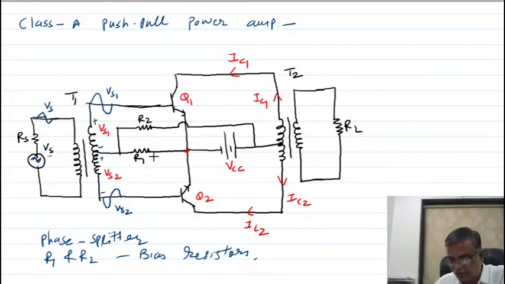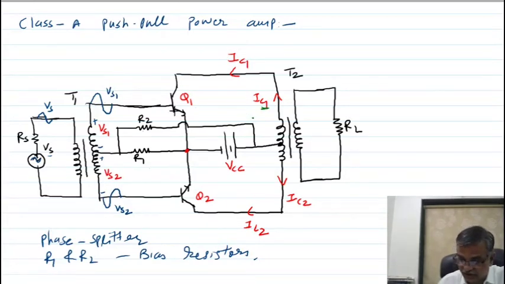This provides the proper DC voltage between base and emitter. As a result, the collector current will flow for both halves of the AC input cycle. You know what is class A operation? In a class A operation, collector current will flow in both halves of the AC input cycle.